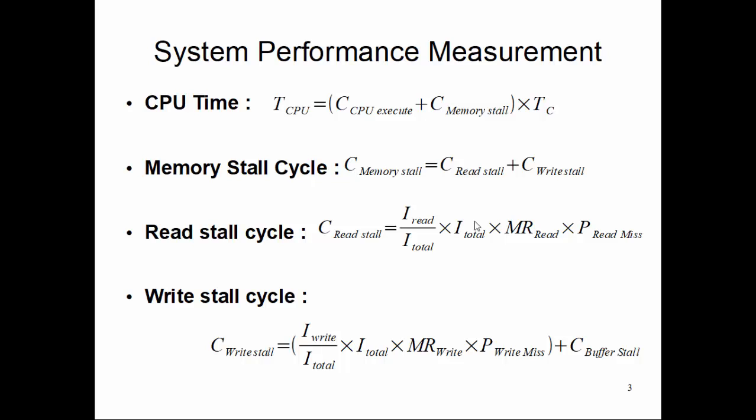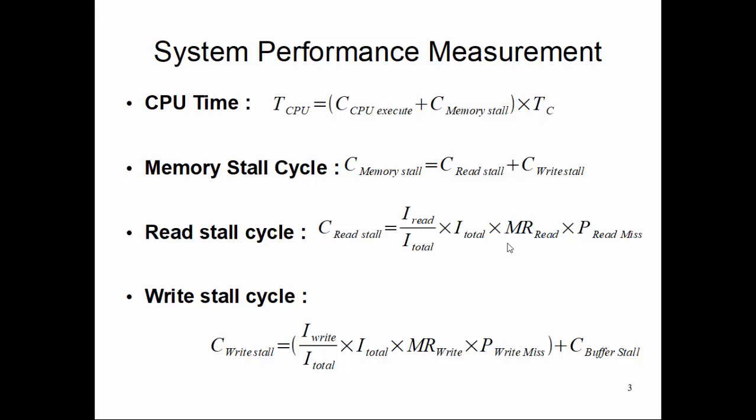Then with that we compute the number of reads involved in a miss. So this is the miss rate, MR, the miss rate for the read, and then we multiply that with the penalty for the read miss. So the penalty in terms of the number of cycles, how many cycles you need for one cache miss.